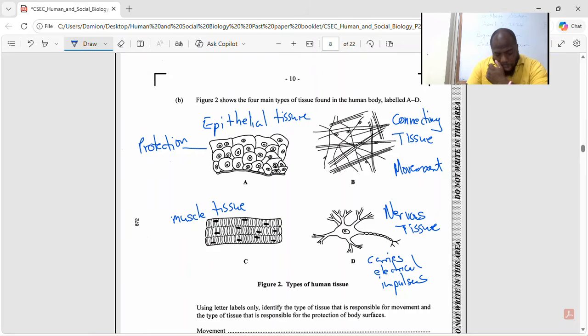And then of course the muscle, this is the one for movement, contraction of muscles. So these, since this is for the bone, we talk about support.